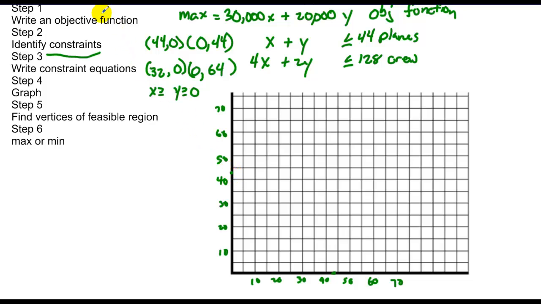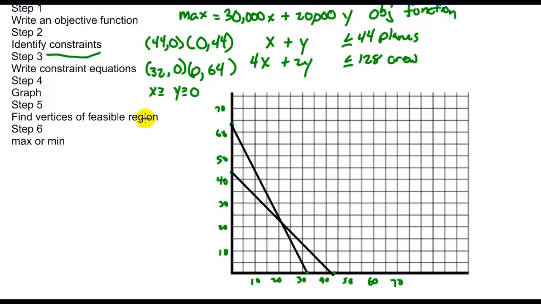I'll connect the dots on those in a minute. And then 32 and 0, around here, and 0 and 64, which is right around here. Go ahead and connect those dots. Here down to here. Drawing straight lines is pretty important too. Might be a good idea to have a ruler or some kind of a straight edge.